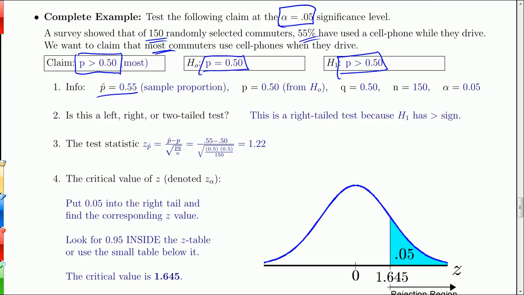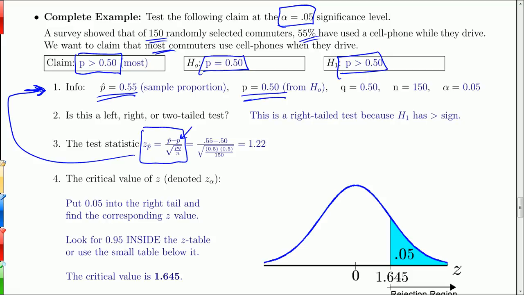The info, the sample proportion, is 0.55. By the way, if you're wondering why I'm looking for all this info, it's because I'm looking down here at this test statistic. So I'm going to need everything in there. The value P in this formula is the proportion from the null hypothesis.